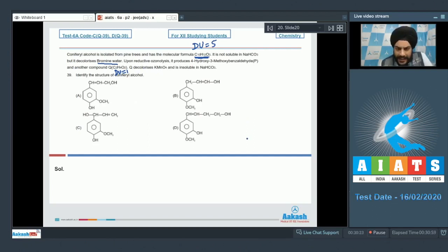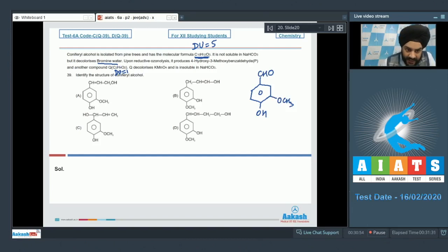So students, if we look at all this information, upon reductive ozonolysis the produced product is 4-hydroxy 3-methoxybenzaldehyde. The hydroxy groups and the methoxy groups are not affected upon ozonolysis, and benzaldehyde is obtained. So it must mean that the double bond must be present over here.